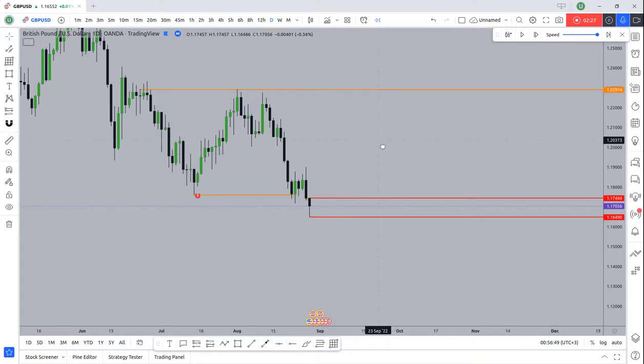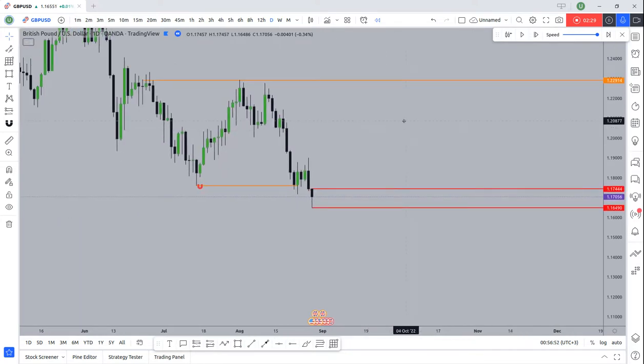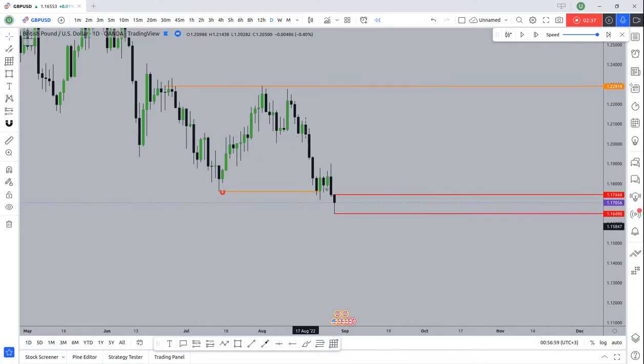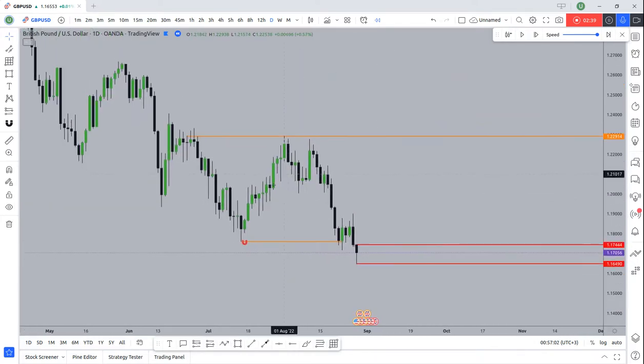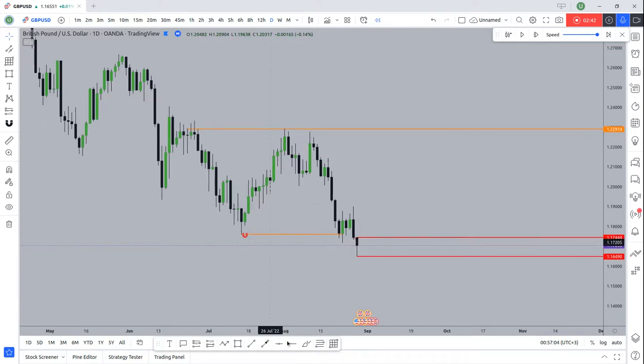Anyways, let's go on GU. So I had massive sales on GU, massive sales on EU. So this is the daily time frame. You can see this small magnet right here. This is basically a liquidity pool, and you can see price took this liquidity here, and then this low that was left last week has been taken out.